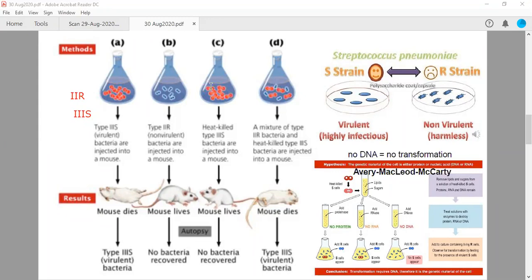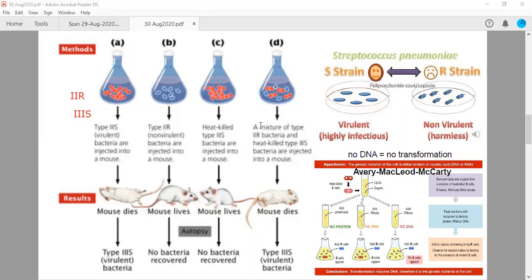If you mix heat-killed type 3 S with living type 2 R, the heat-killed cells will be lysed, their genome will come out and be fragmented, and the type 2 R strains will take up those DNA molecules. Ultimately they will be transformed because the DNA undergoes genetic recombination and they start making the capsule.